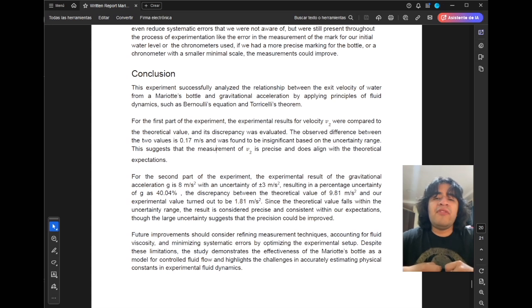Although our measurement for g had significant uncertainty, the overall result was consistent with the theoretical expectation. This experiment highlights the importance and the challenges that are found when estimating values, specifically experimental values, that are not only found in science fields, but also in engineering and even other fields that we are not aware of.